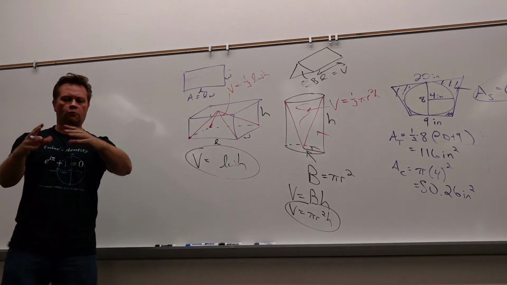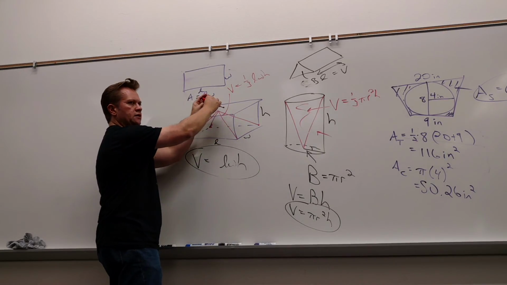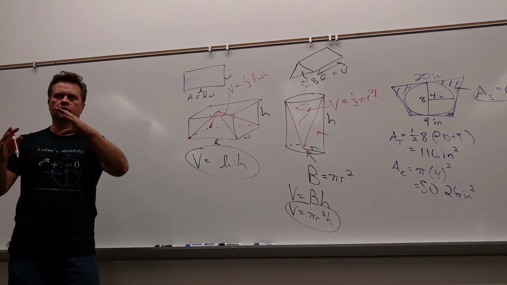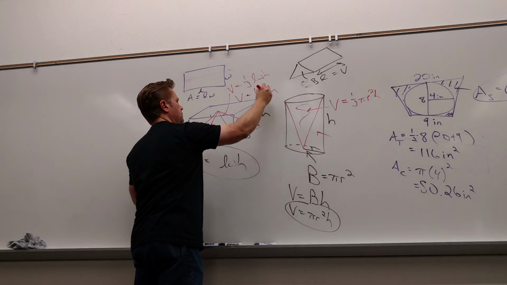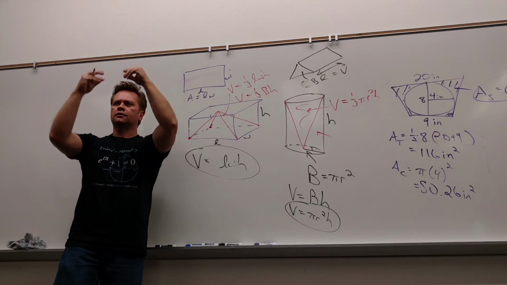Always. So whatever shape it was, if it's a repeated shape and I make a pyramid out of it, it's 1/3 of the whole thing. So any pyramid is basically 1/3 big B times H, 1/3 the area of the base times the height.